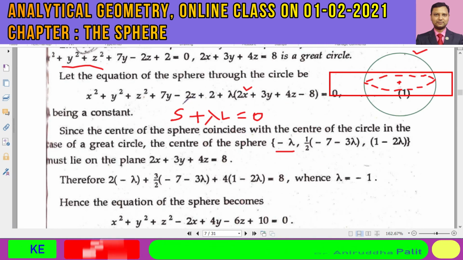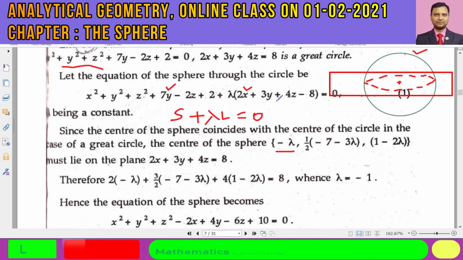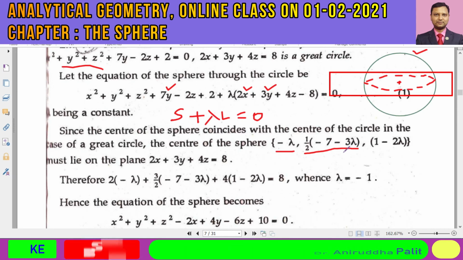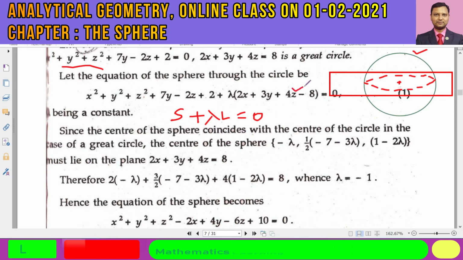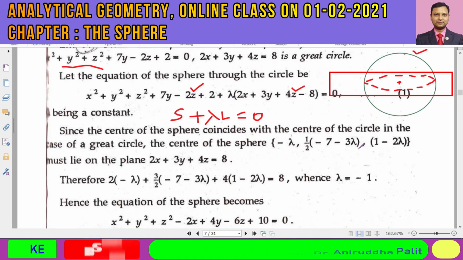Now, how to find out the y coordinate of the center? Just look at the coefficient of y over here, 7 plus 3 lambda, that is the coefficient of y. So half of this quantity with the negative sign, minus 7 minus 3 lambda into half, this would be the y coordinate of the center. Similarly, the z coordinate would be obtained by observing the coefficient of z. Over here it is 4 lambda minus 2, that is the coefficient of z.